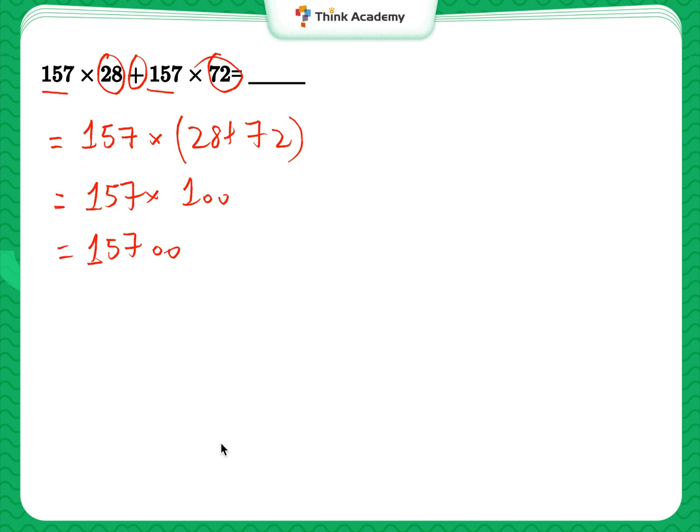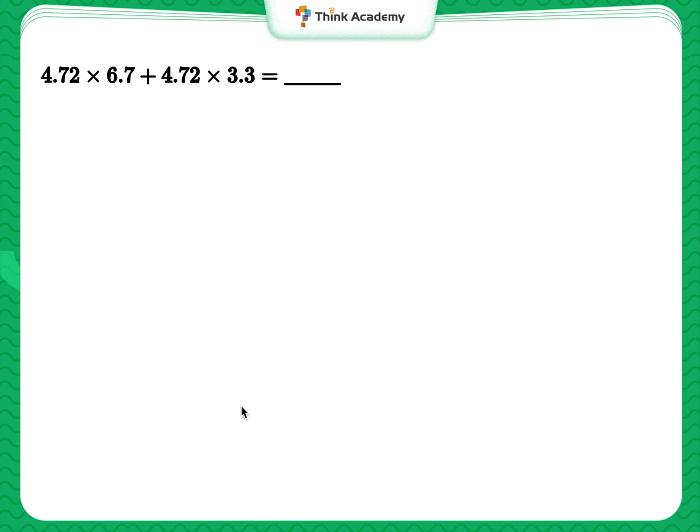All right. So let's just move on to the next question. So this is a very similar one. You can see that in both multiplications, they have a common multiplier of 4.72. So what we need to do is to copy down the common multiplier, 4.72, and multiply that by 6.7, adding the 3.3.